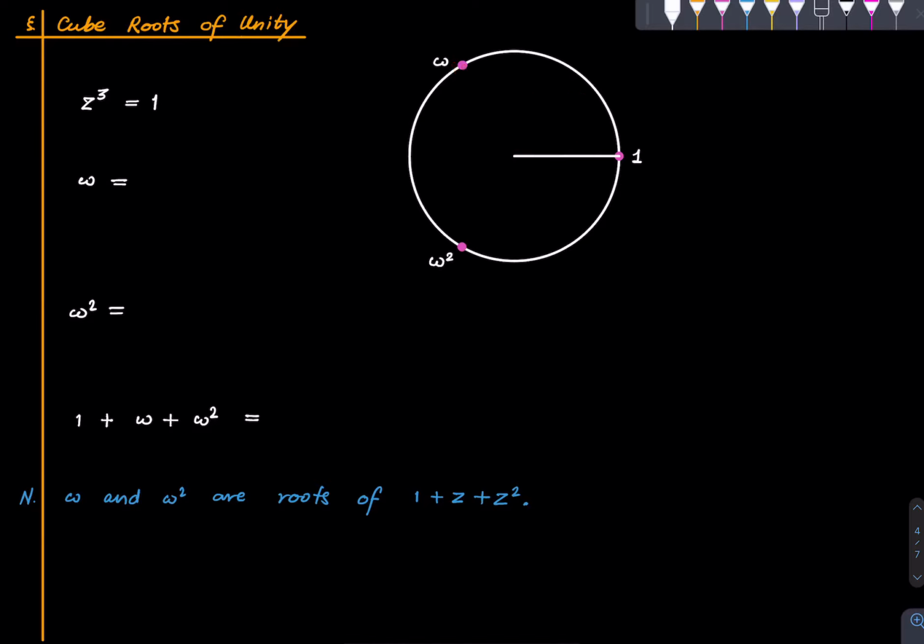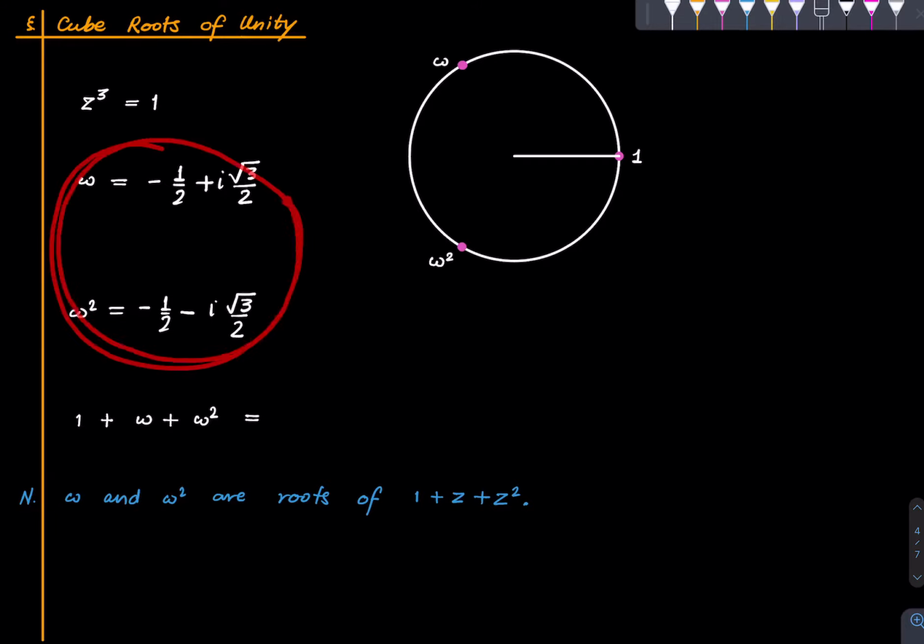So omega, if you calculate, turns out to be minus half plus iota root 3 by 2. And omega square turns out to be minus half minus iota root 3 by 2. So these are the 2 non-real roots of unity. Basically, one is of course a root. So 1, omega, and omega square are the 3 roots.